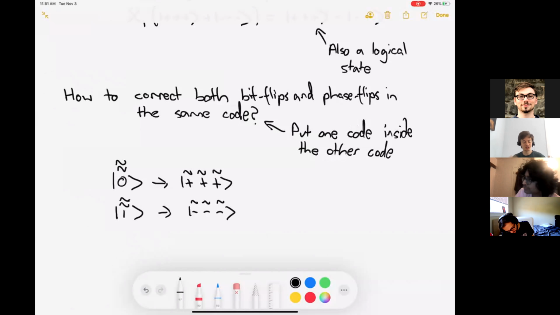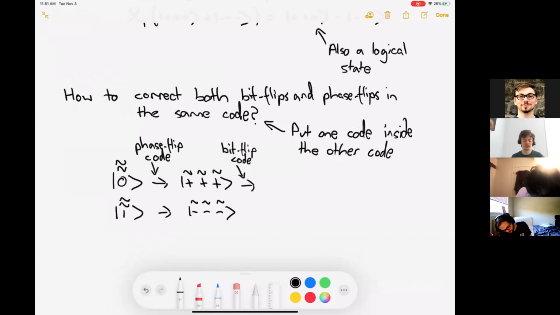The one logical qubit that we actually want to protect gets encoded as 3 qubits, but those qubits themselves are still going to be logical qubits because they're going to be encoded using the bit flip code. So this is the phase flip code, and this is going to be the bit flip code.